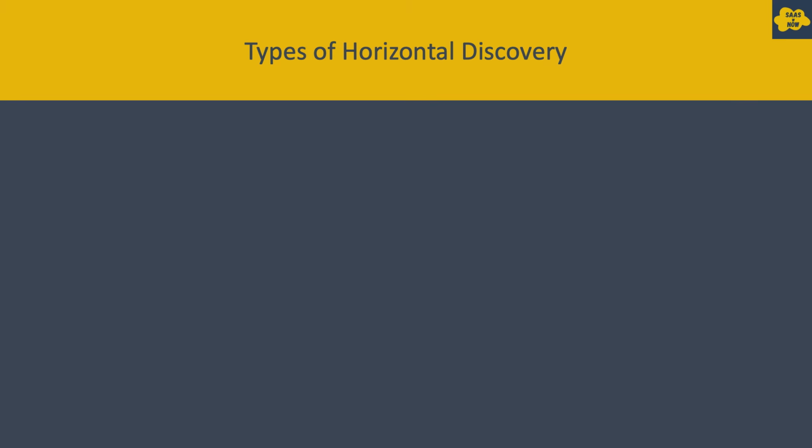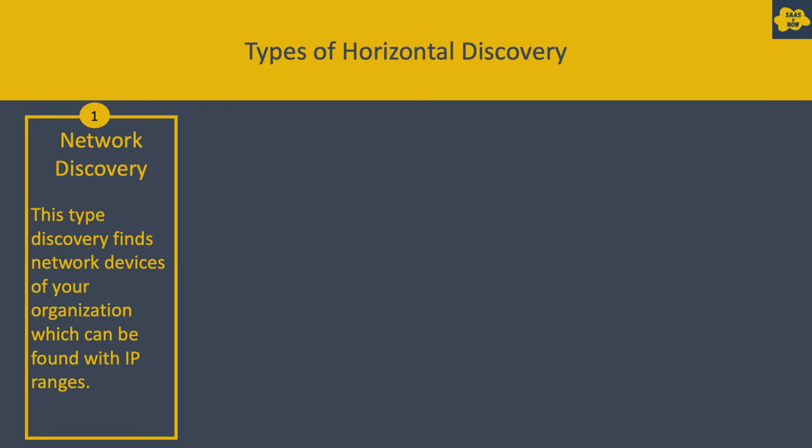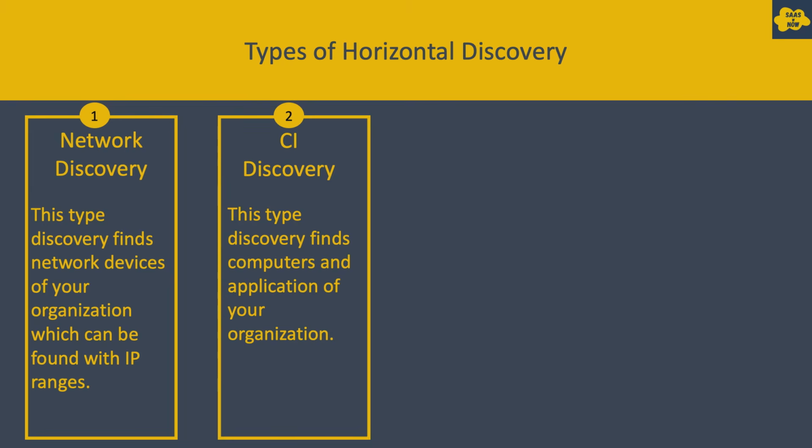Types of horizontal discovery. You can run different types of discovery to find different types of devices. The first one is network discovery. This type of discovery finds network devices of your organization which can be found with IP address ranges. Next is CI discovery. This type of discovery finds computers and applications of your organization.